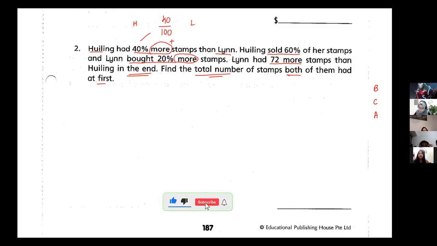What must I do? This is a comparison between two, so for Hui Ling you take 100 plus 40. Hui Ling is 140, and Lin will be 100.